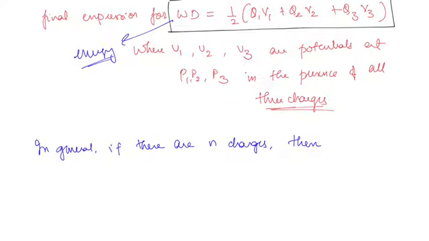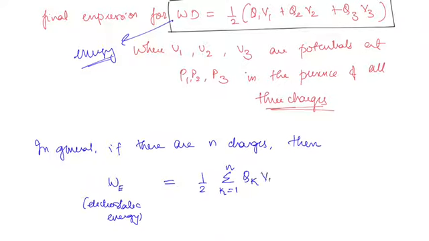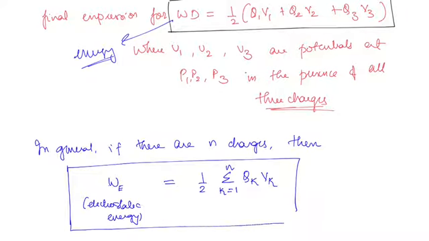So we will represent this as WE, the electrostatic energy associated with the system. This is going to be 1/2 summation from k = 1 to n of qk vk. This is in general for a system of n charges. The charges can be positive or negative.